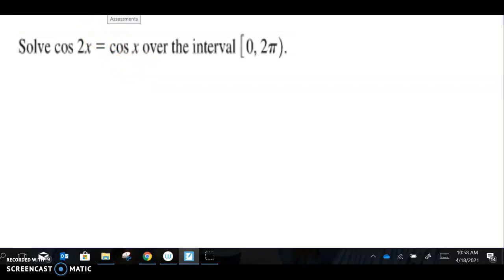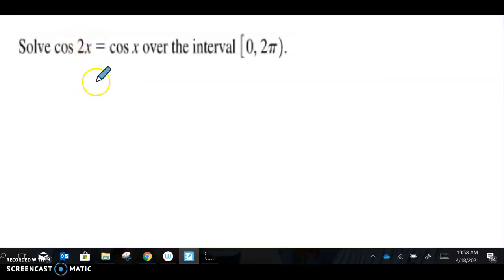It's tough to solve a problem when the angles that you're taking the cosine of are different. So let's look at cosine of 2x. Get your identities out and look at all the things that cosine 2x equals.